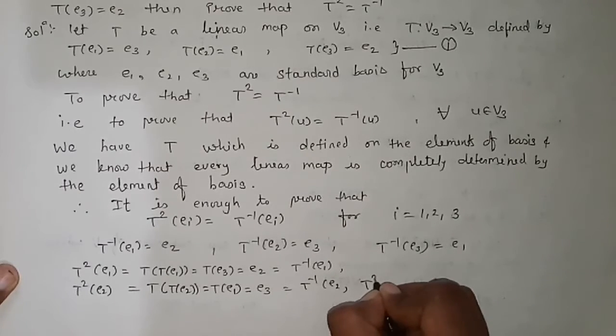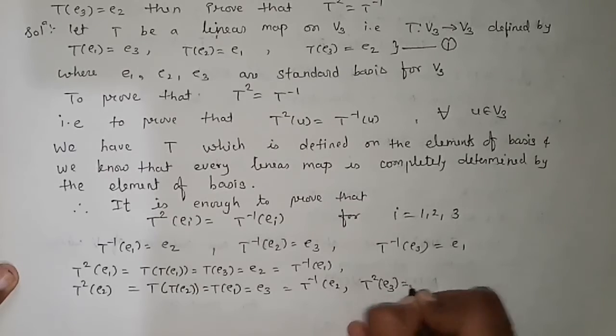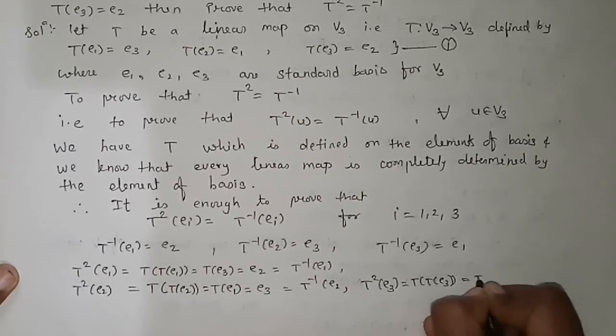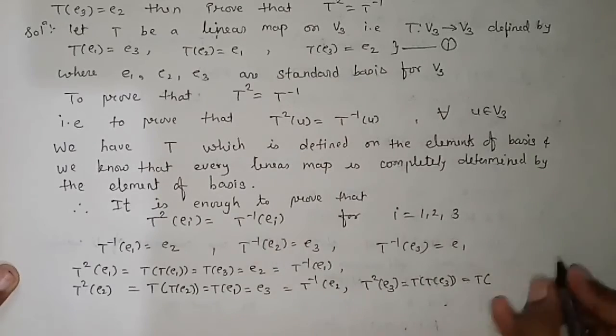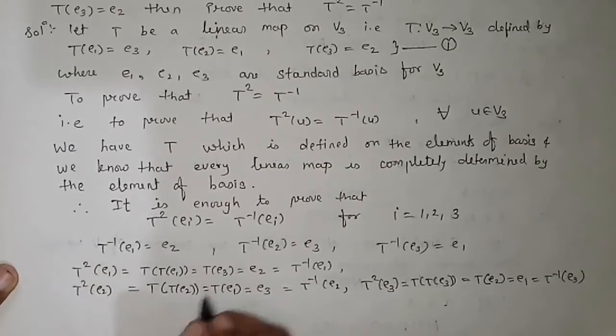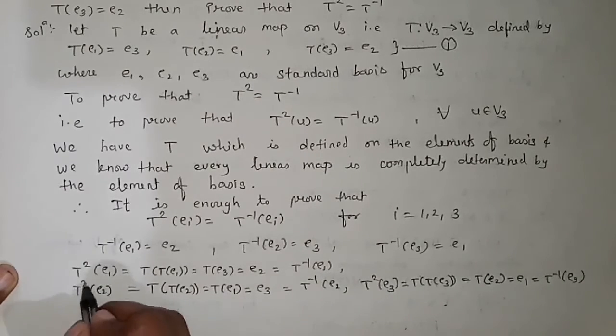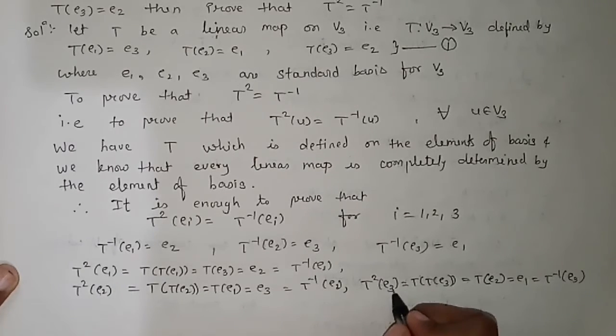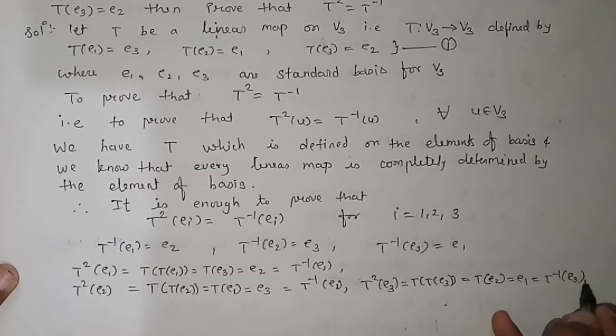Similarly, T square of E3 is equal to T of T of E3. T of E3 is nothing but E2, so T of E2, and T of E2 is nothing but E1, and E1 is nothing but T inverse of E3. So through this we can see that T square of E1 is T inverse of E1, T square of E2 is equal to T inverse of E2, and T square of E3 is equal to T inverse of E3.